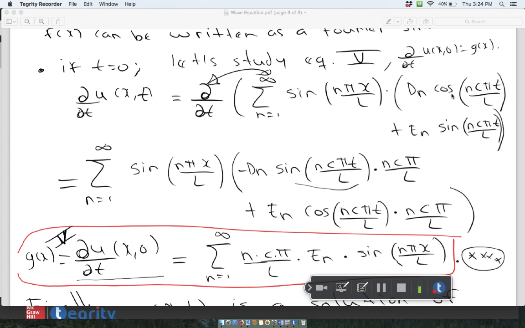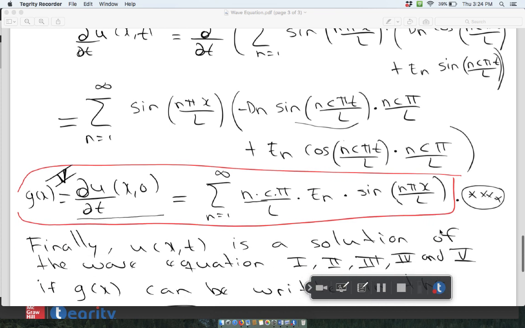The derivative of cosine is minus sine, n c pi t over L, times the derivative of the inside, n c pi over L. Plus e_n times the derivative of sine, which is cosine, n c pi t over L, times the derivative of the inside, n c pi over L. Now when I plug in t equals 0, this is gone, and this gives me 1. So my condition is that g of x must be of the form the sum of n c pi over L times e_n times sine of n pi x over L.